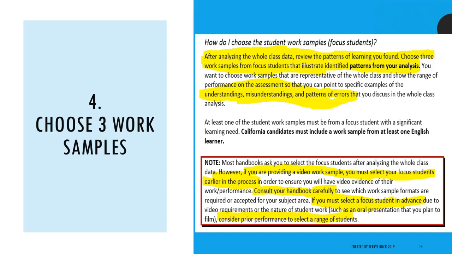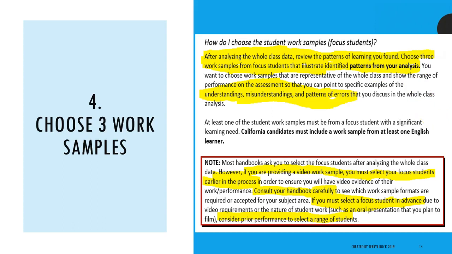I know what the handbooks say: choose focus students that are representative of high achieving, middle, all this stuff, and make sure one is of a special group. Truth is, when you read Making Good Choices, it says, after analyzing the whole class data, review the patterns of learning you found. Choose 3 work samples from focus students that illustrate identified patterns from your analysis.